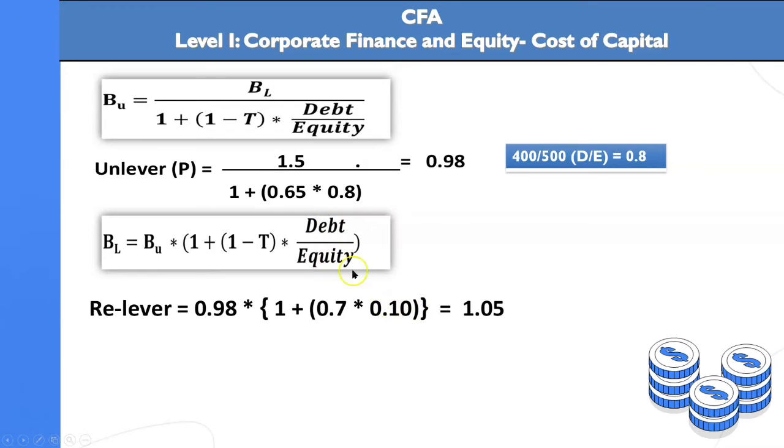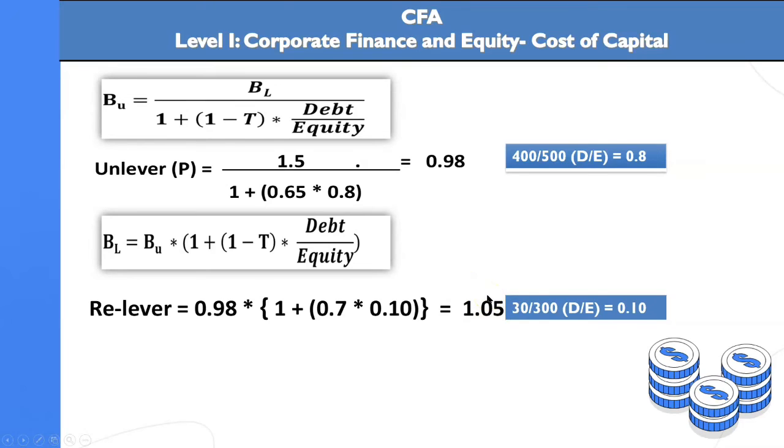See, very small debt to equity compared to the very high debt to equity of 0.8. The 10 is 30 divided by 300. 30 debt divided by 300 equity will give 0.8. Now, this is the beta introducing the leverage of the subsidiary.